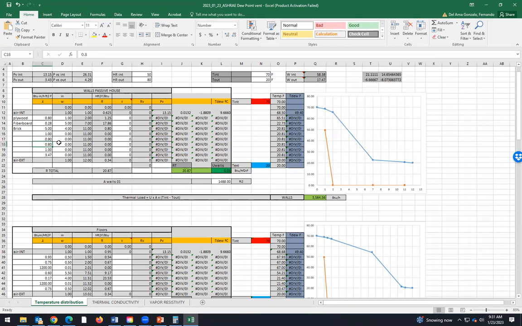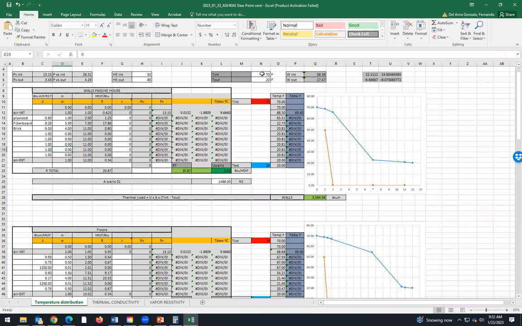So if you don't have materials, type 0 in the width and keep whatever number here, just to prevent the error. We have errors here, but so far it doesn't affect. If we want just the temperature profile, this is all we need.